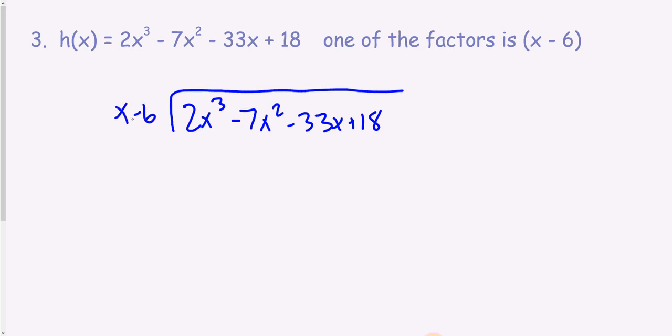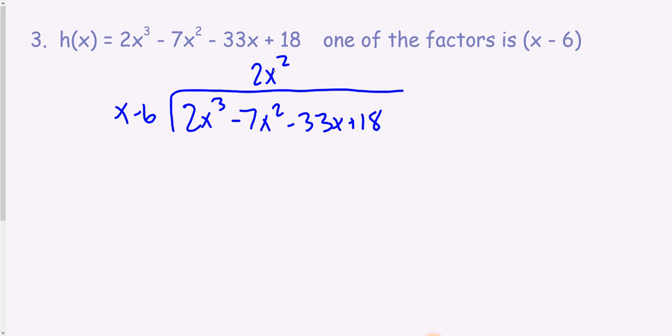X minus 6. All right, let's take a look. 2x to the third divided by x. That's 2x squared. Uh-oh. That means we're going to have one of these that we're going to have to factor. Oh, that's a lovely one. All right. So expect a bit of a harder time factoring this one.